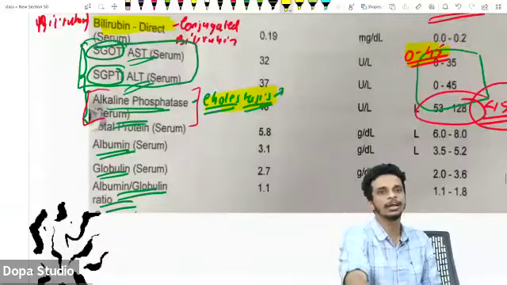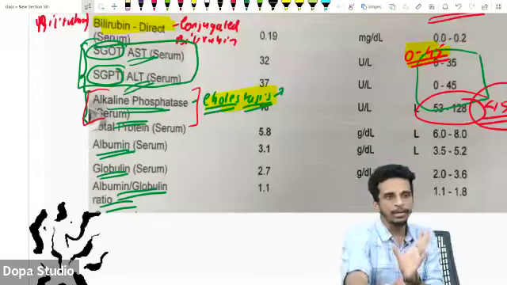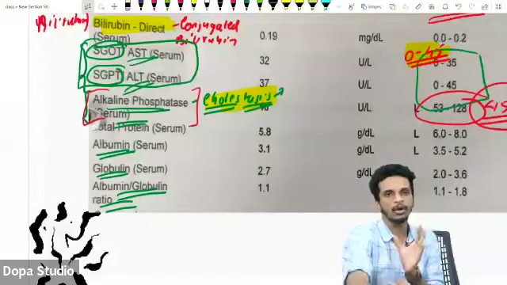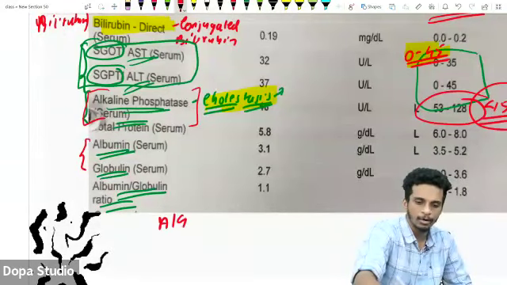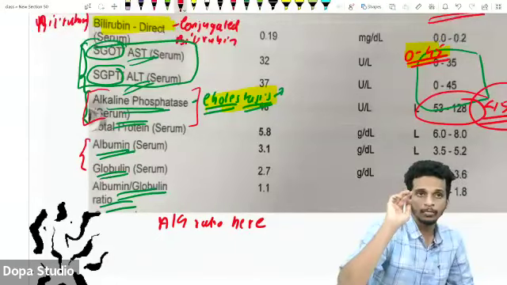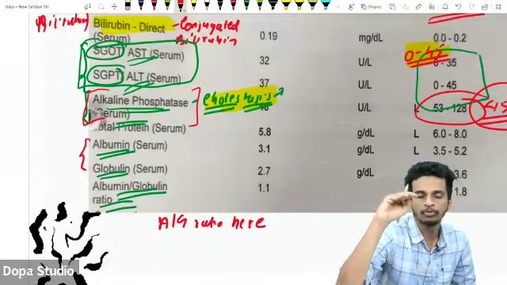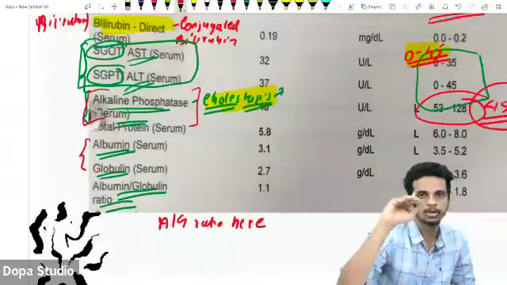Now, another thing: albumin, globulin, and A/G ratio. I'll not be discussing a lot, just the A/G ratio here, guys. We know that albumin and globulin are both plasma proteins.